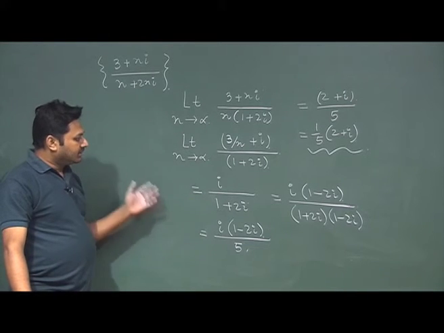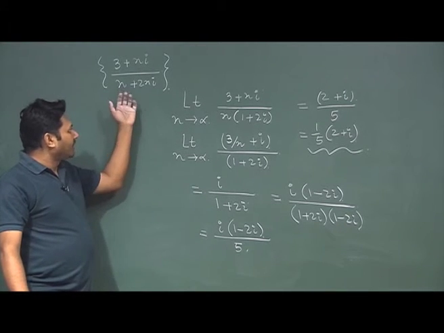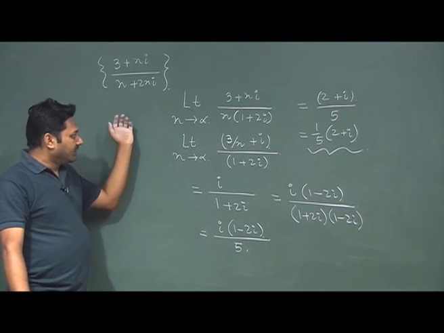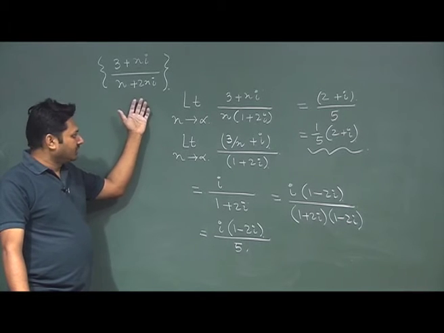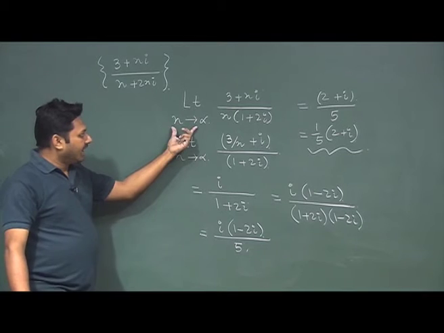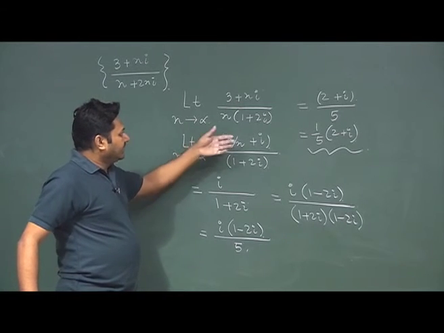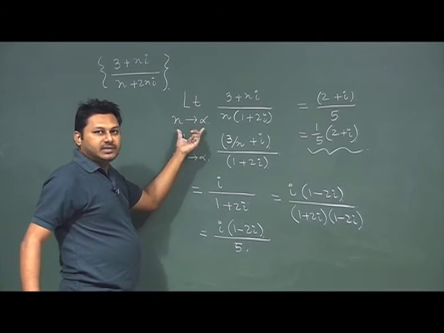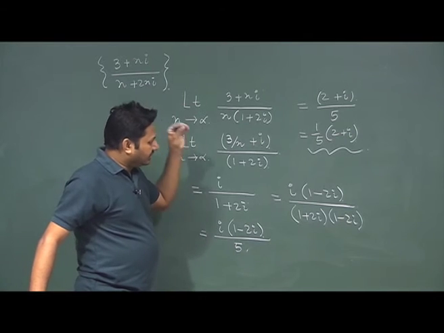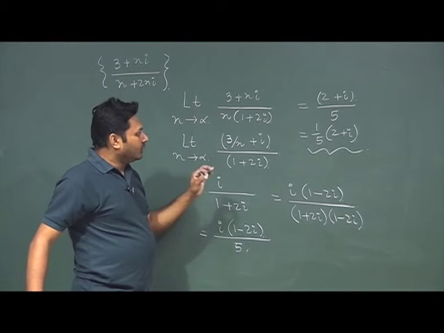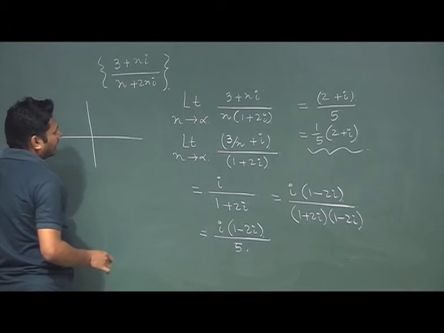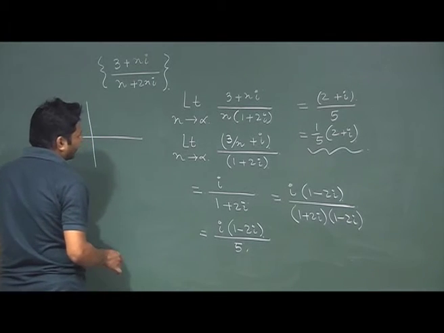Okay, after having talked a lot about this, I believe whatever sequence is given to you, you can readily understand whether it is converging or not. It is not a very big deal. You just put the limit n tends to infinity, and when you put n tends to infinity, you will find that this quantity, the nth term, goes to a specific value or specific point. Here in this case this point is 2 by 5 plus 1 by 5 i.